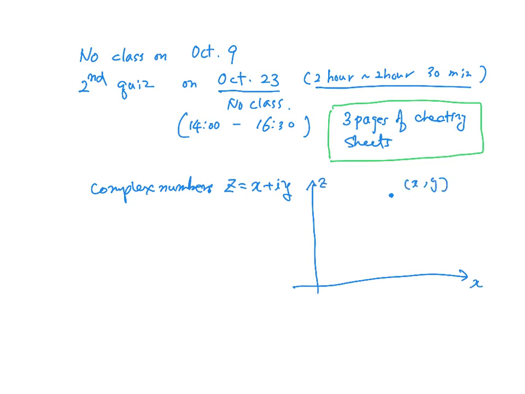Complex numbers can be represented by a point in 2-dimensional space. The distance from the origin to the point z is denoted by r, and the angle with the x-axis is defined as theta.